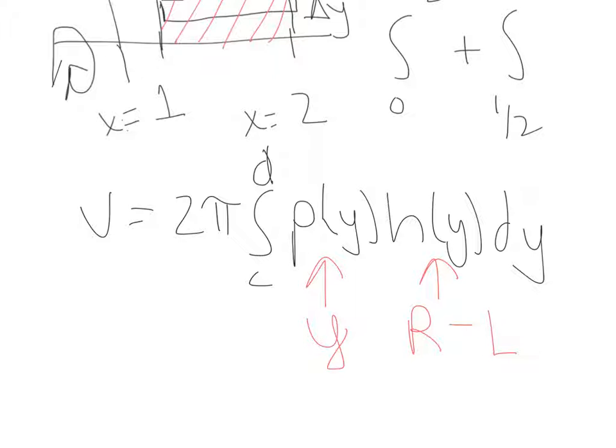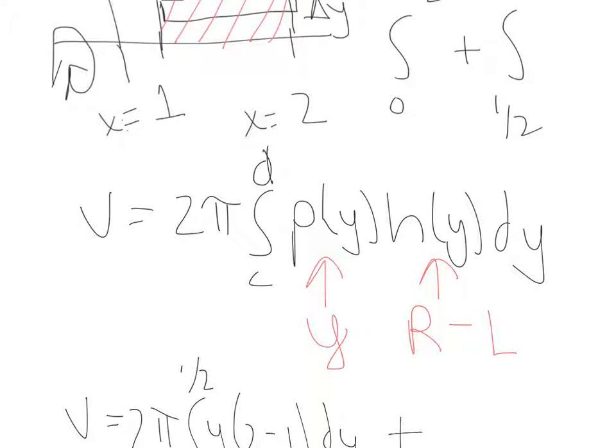So that then gives us volume equals 2 pi integral from 0 to 1/2 of y, which is part of the formula. And then our right minus left is 2 minus 1 dy.